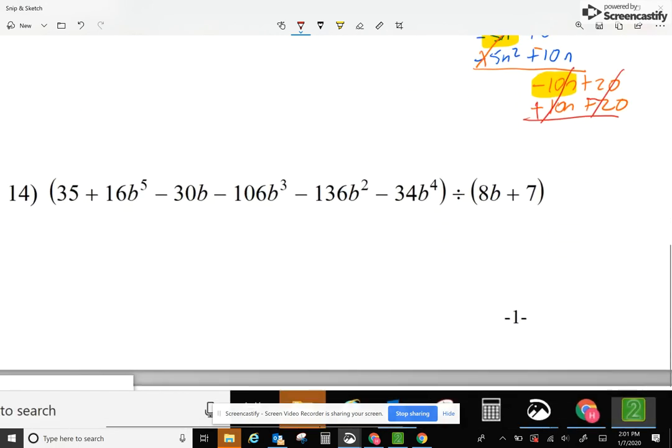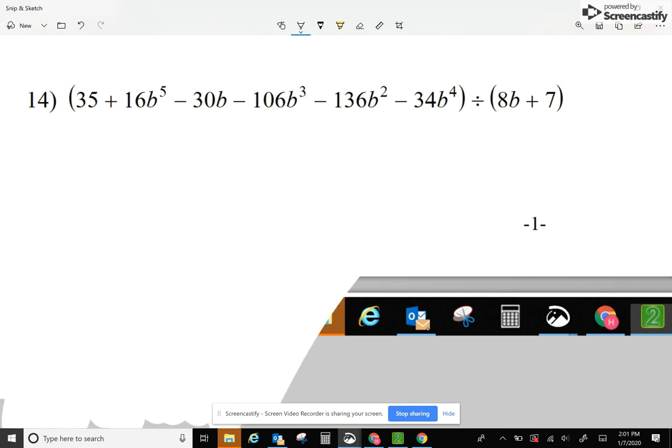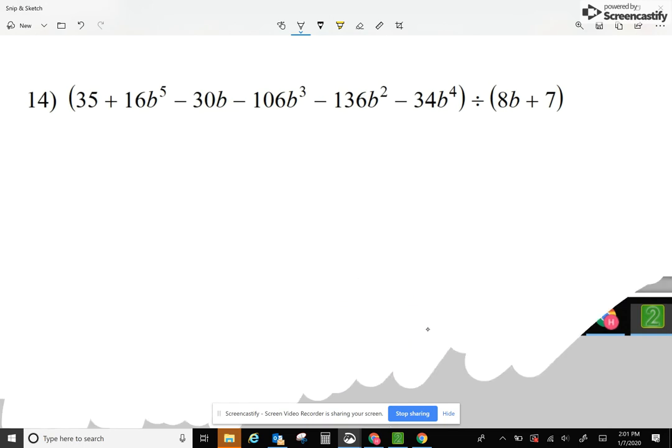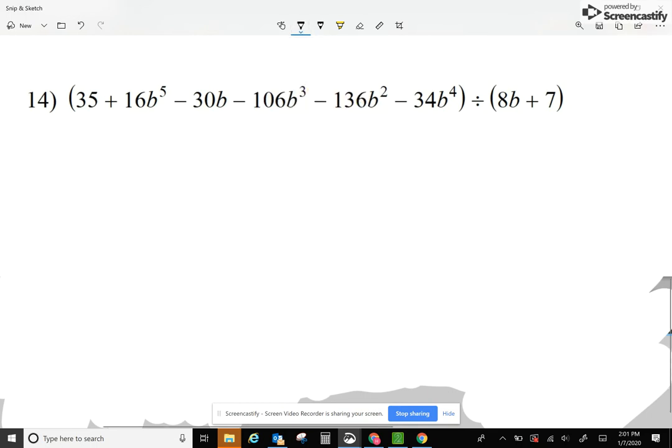Now, lastly, let's take a look at something like this question. I'm going to rewrite everything. Let me get some space here. So let me rewrite this as 8b plus 7.